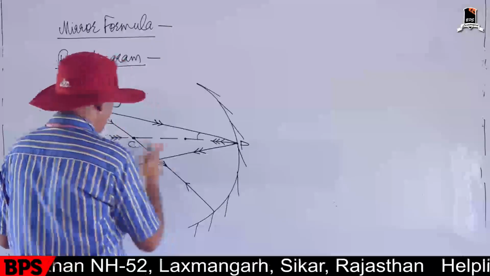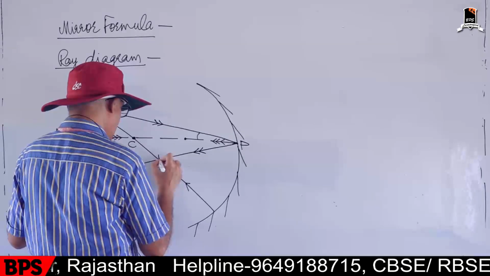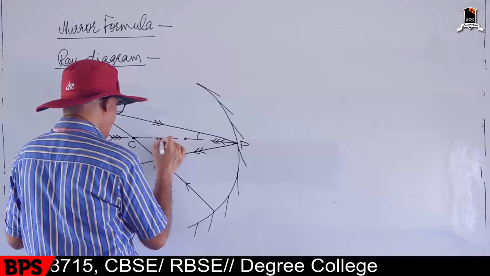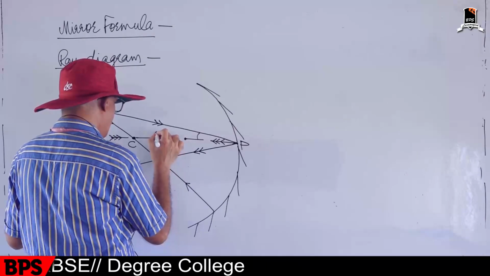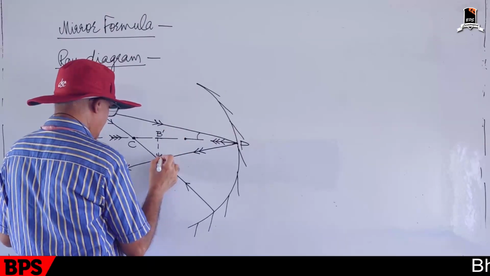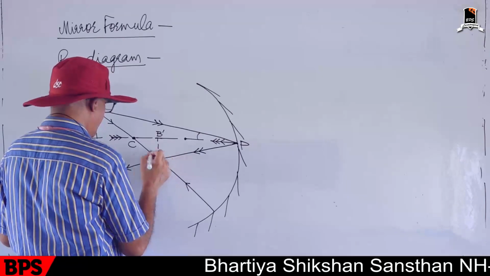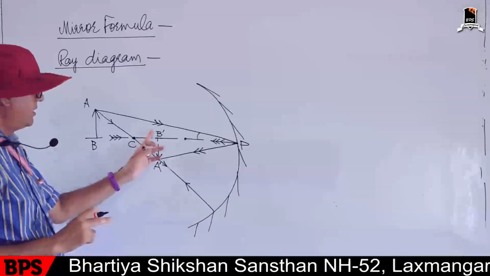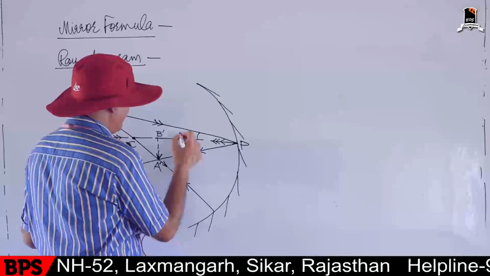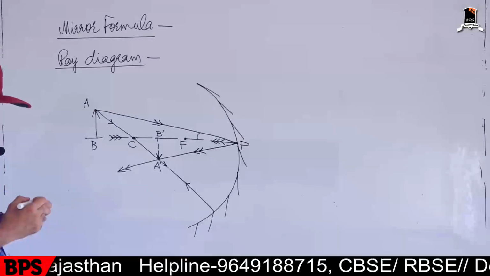So we'll get base point's image, B image, take a vertical line, and this point will be the image of B, means call it B dash. So this will be the real image of AB object at A dash B dash in between center of curvature and focus point. This is the focus of the mirror.